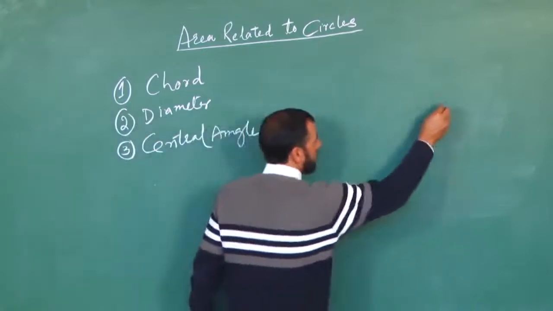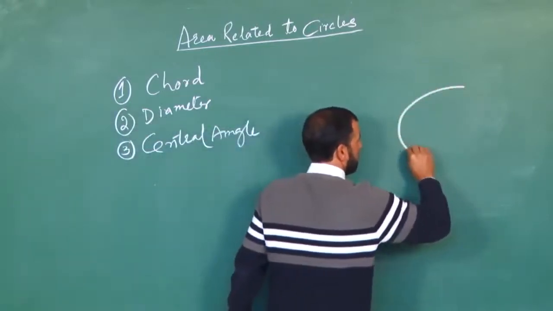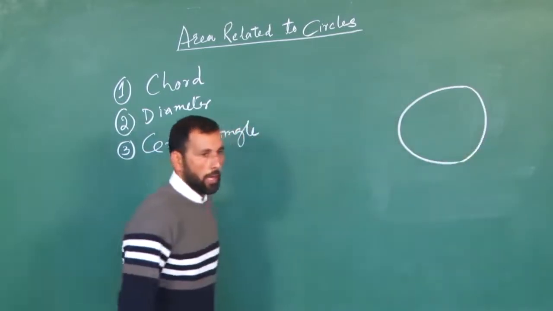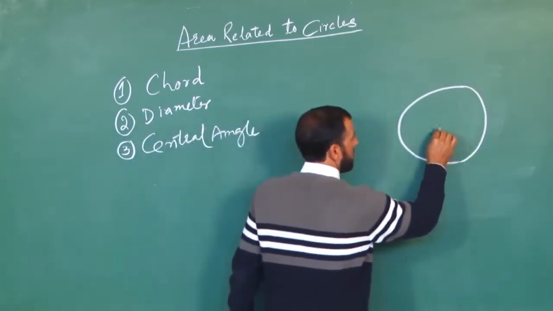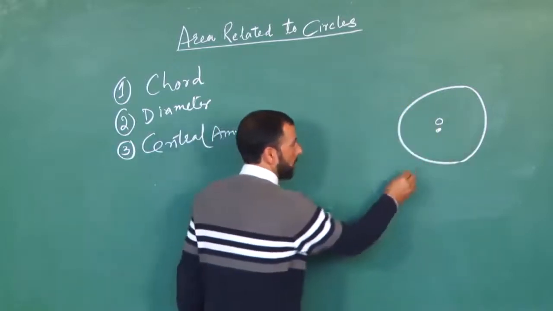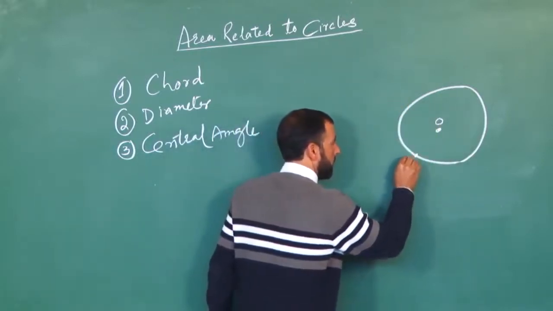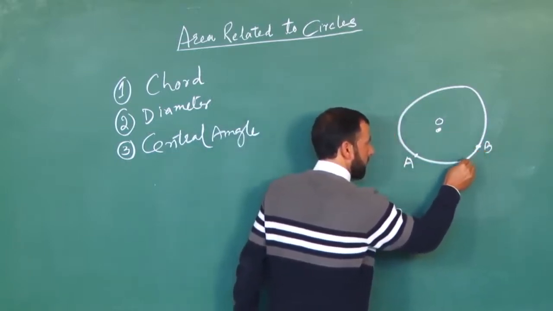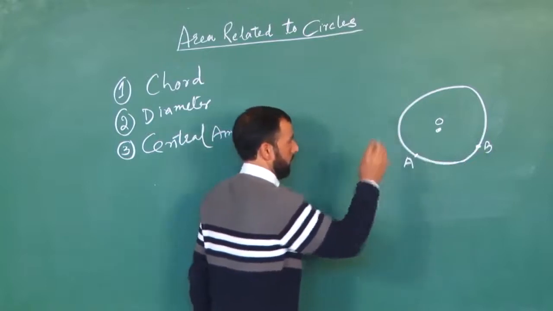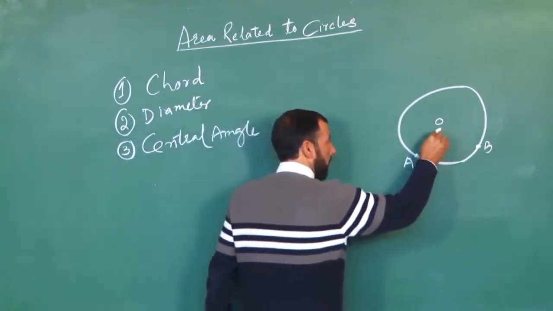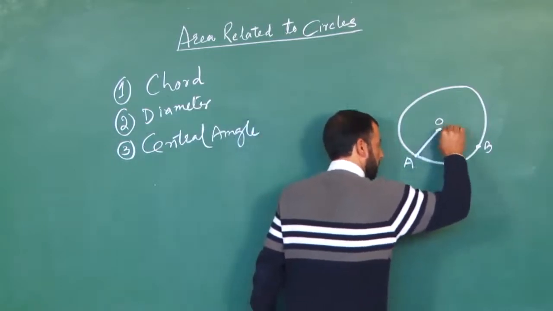So we draw a circle here, and this one be the center of this circle and call the center O. If we take two points here, A and B, AB is an arc here. Its subtended angle at the center is given by joining OA and OB.